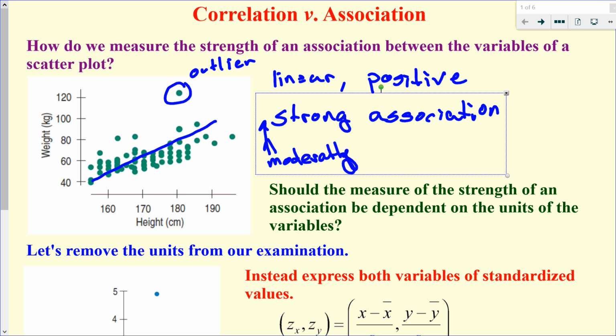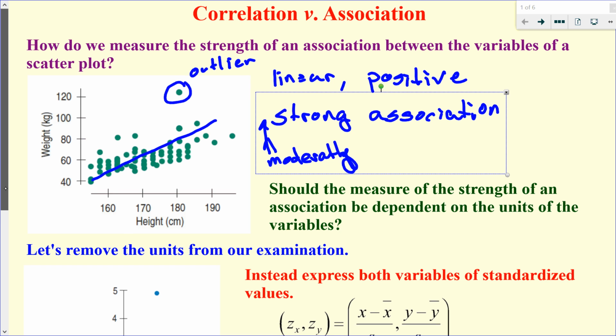So how do we measure? We can say moderately strong, we can say strong, and up to this point, that has been a personal opinion. So how can we measure what that strength is? In measuring that strength, should it be dependent on the units of the variable? If we were to re-show this graph as inches versus pounds, would the graph still look the same?